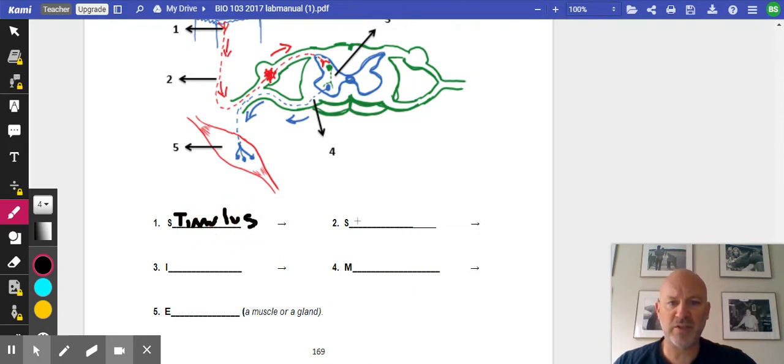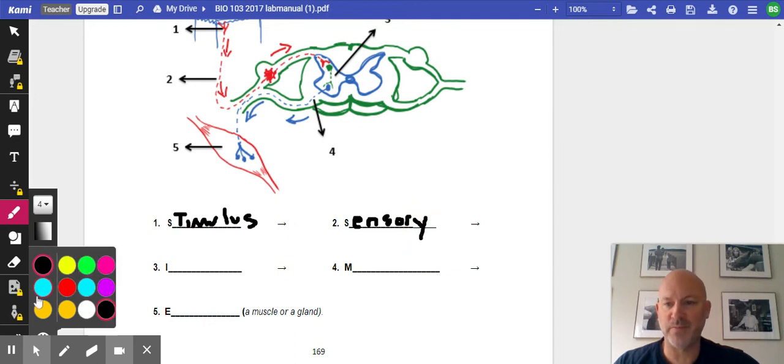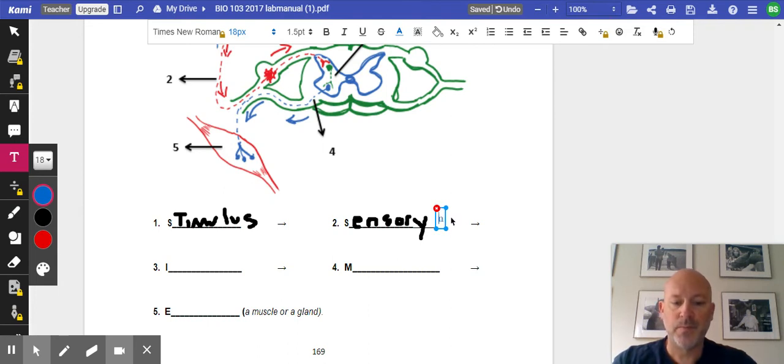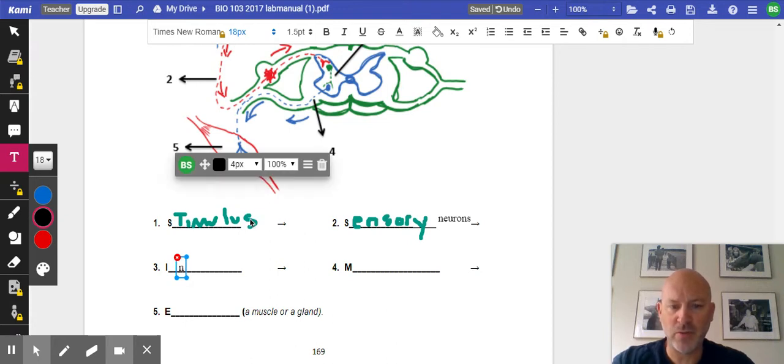From the stimulus to the sensory neurons. I've got to type this because I can't write with my mouse. All right, from sensory neurons inside the spinal cord, it goes to interneurons.